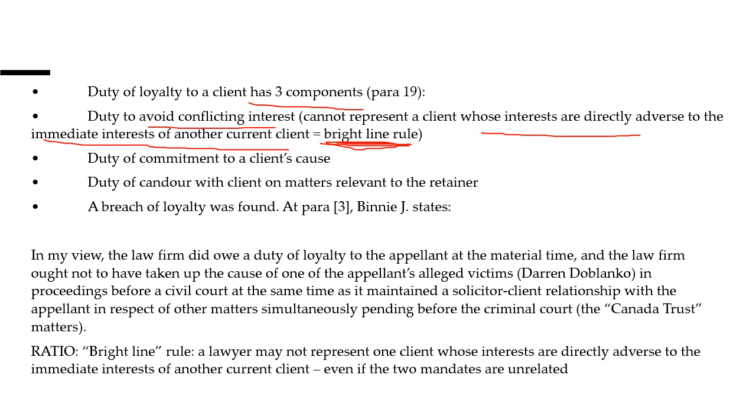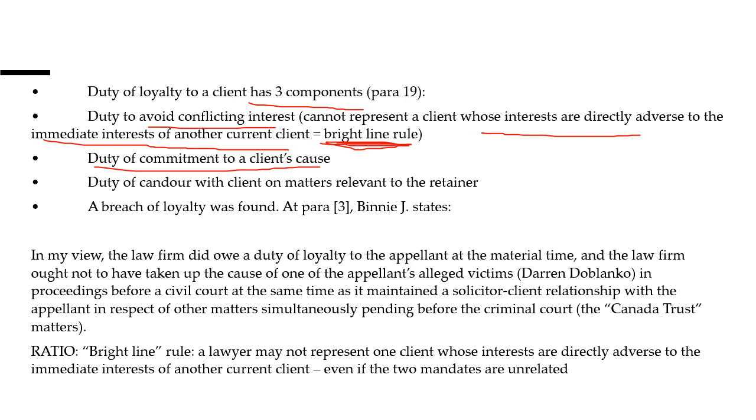It means you cannot represent both parties to a case, appellant and respondent both. You cannot be lawyer in the same case or even in a different case, but related ones. If they are affecting one another in some way or the other, then you cannot represent such a person, you cannot take up that case.